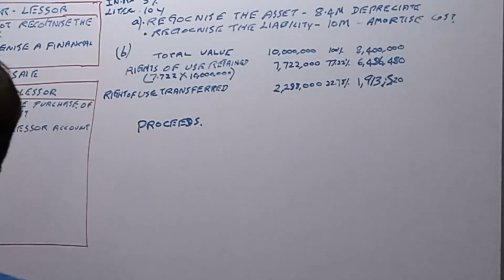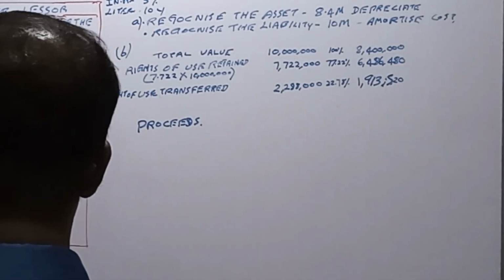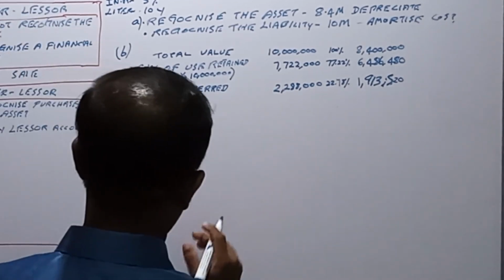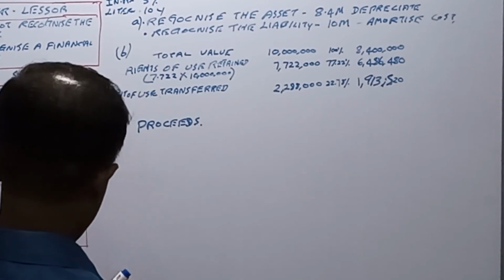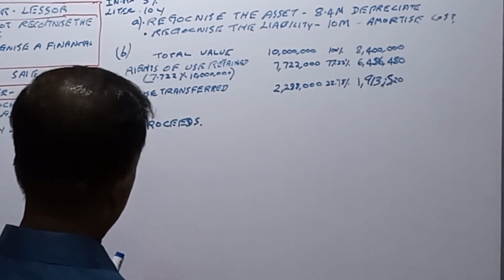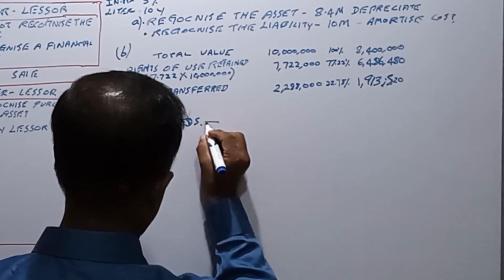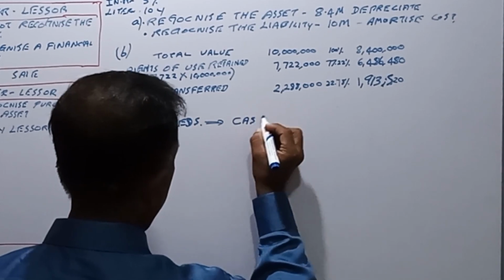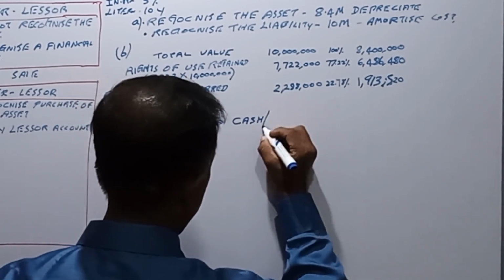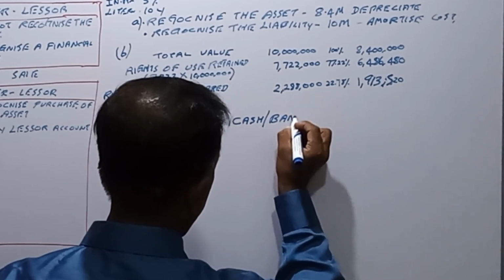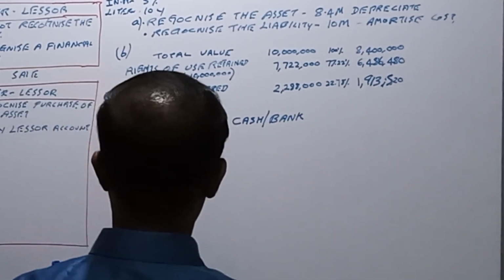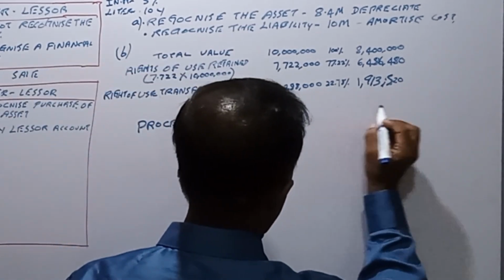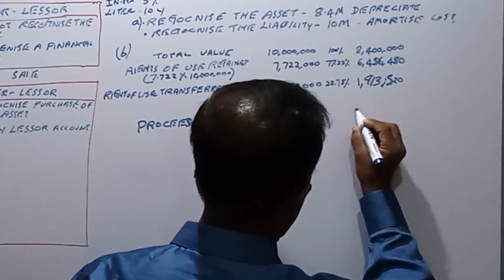Cash or bank, it has to be debited. Proceeds we have to recognize.